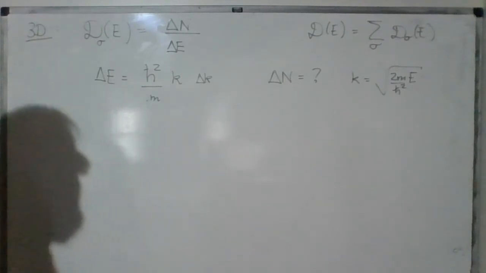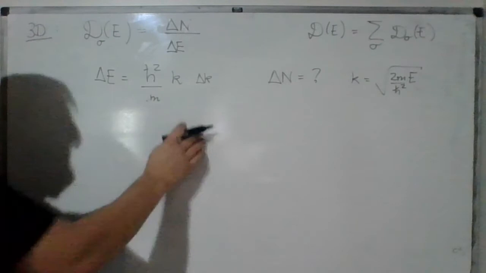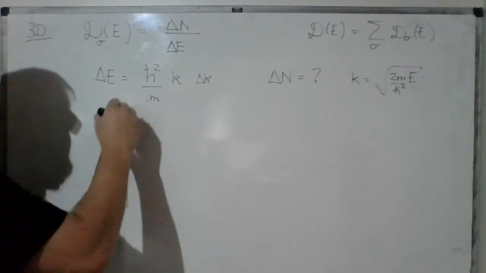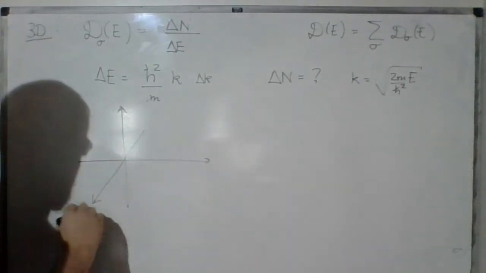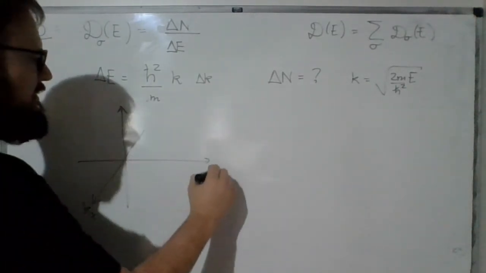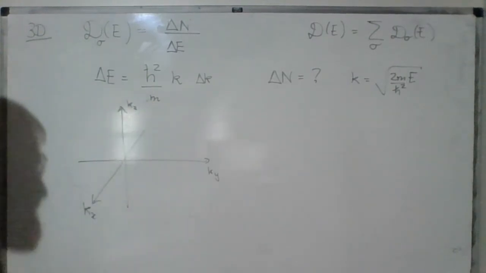So what is the number of states for a given k? Let me draw a picture here in three dimensions in the k space, kx, ky, and kz.